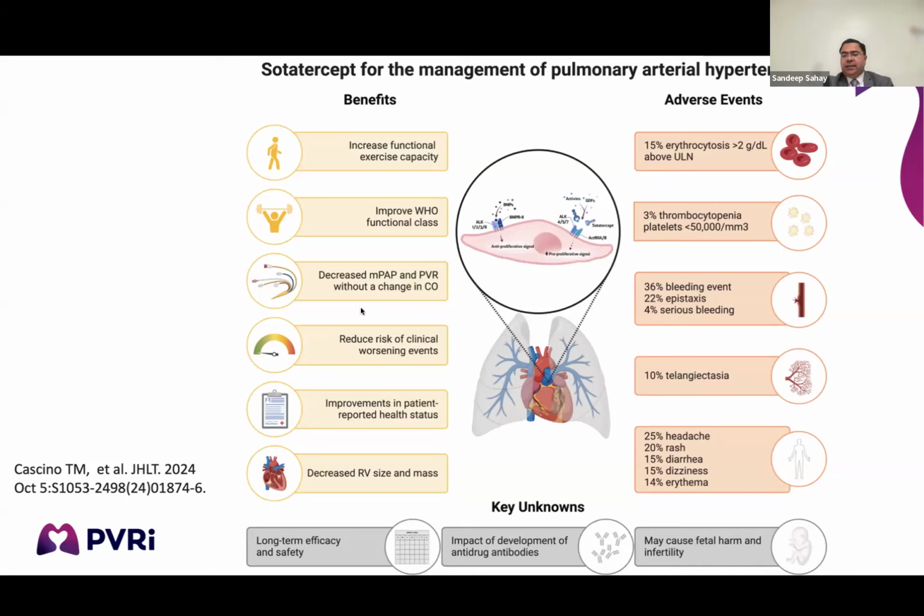And telangiectasia is something we are observing, and I think we will need more data to learn how this really pans out and what the long-term implication of these telangiectasias is. As of now, we do not know much about these. And then some other side effects were observed, like headache, rash, and diarrhea. So overall, a fairly well tolerated drug with very much all-around improvement in the patients.